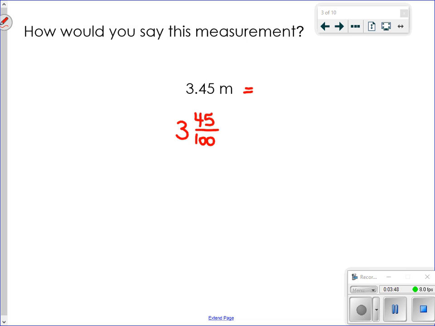So what this really means is we have 3 meters and 45 centimeters, because there are 100 centimeters in a meter. So this 45 hundredths is 45 of those centimeters. Okay? So it's fine to say it as 3.45 as long as we recognize the fact that that 45 hundredths is 45 centimeters.